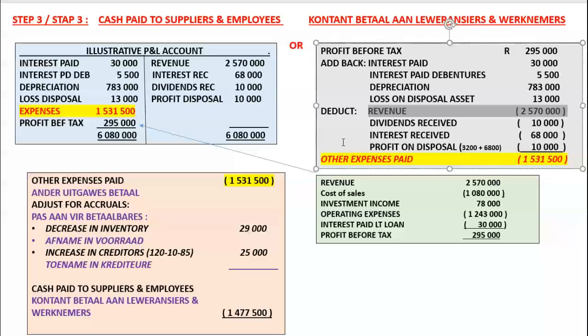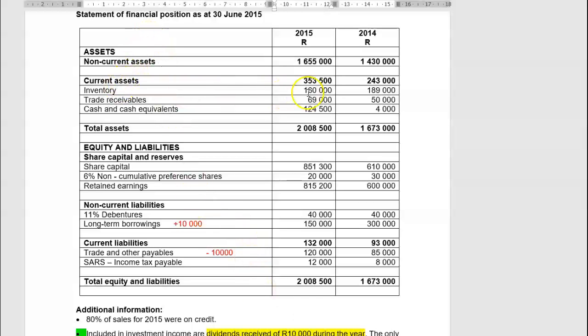We want to take out the impact of the accrual principle because that doesn't represent cash flow. So we're going to start with those expenses, the 153,500. We're going to adjust that with our decrease in inventory, because that's the first item that actually pertains to expenses.